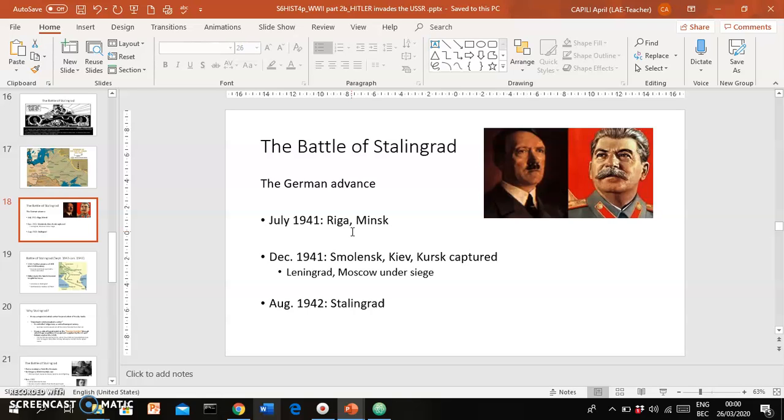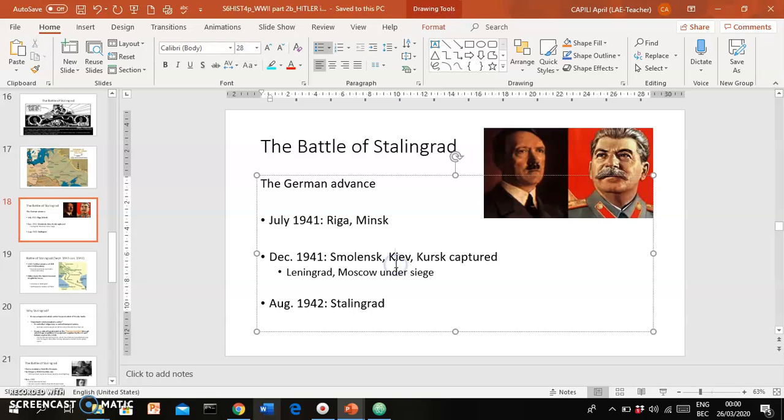They would take over important cities like Riga and Minsk. By the end of 1941, they take over other cities as well. So Smolensk, Kiev, and Kursk are captured. And like I just said, Leningrad and Moscow would be under attack.